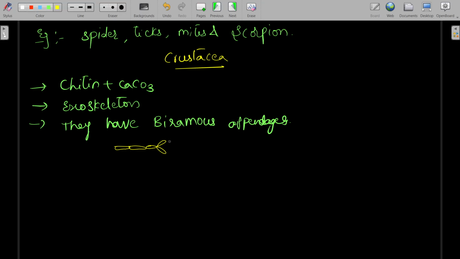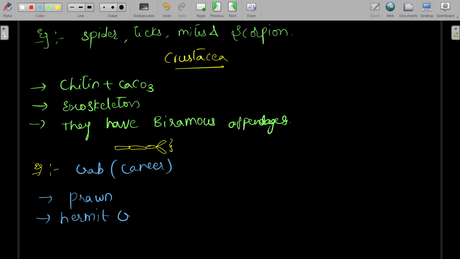So these are observed in examples: crab, which is cancer, and prawns, hermit crab. Okay. So this is the third class crustacea.